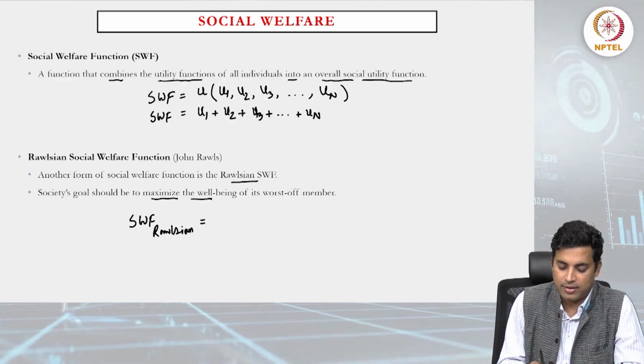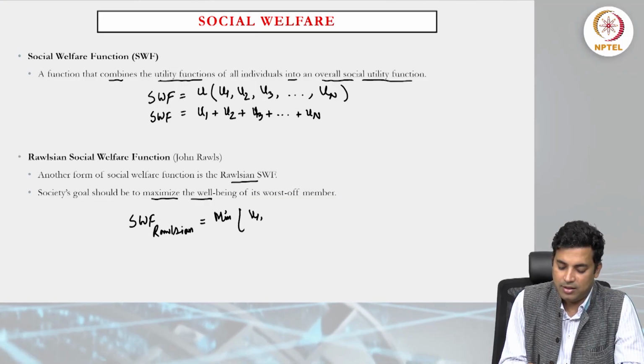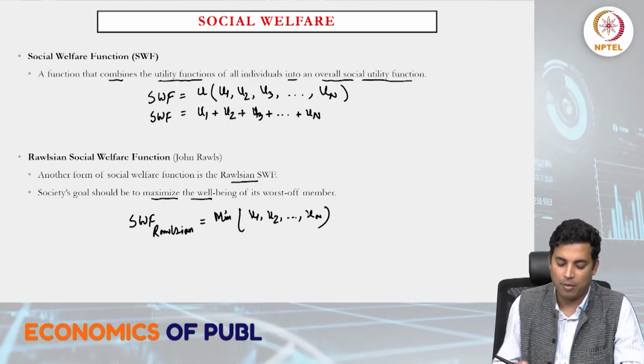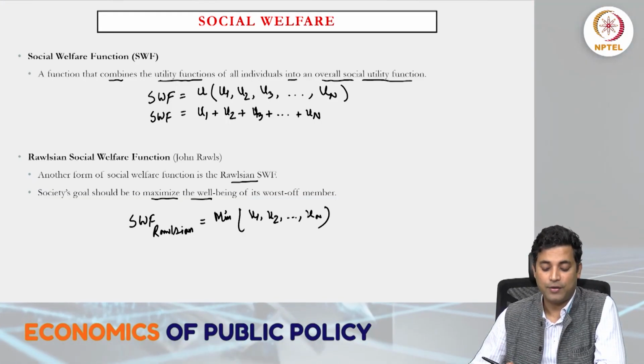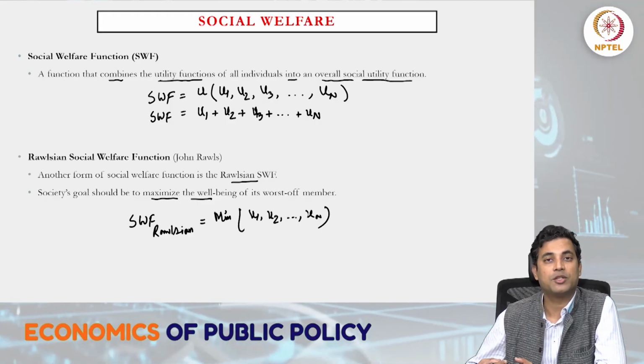So in the Rawlsian social welfare function, we can write that if this is Rawlsian, then we have to focus on the utility function from the well-being of its worst-off members. It is all about the trade-off.